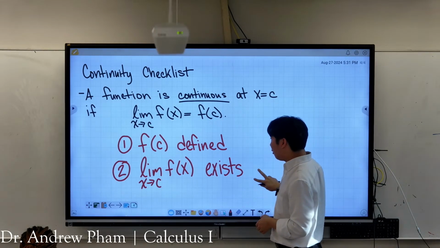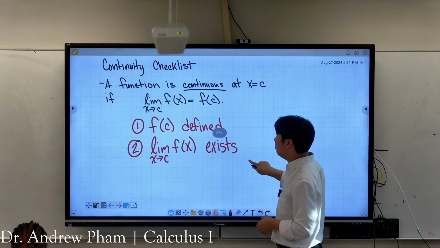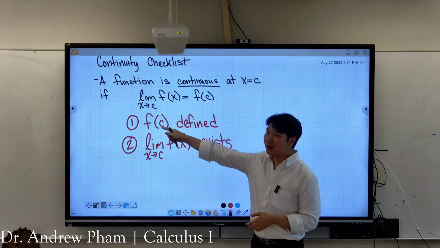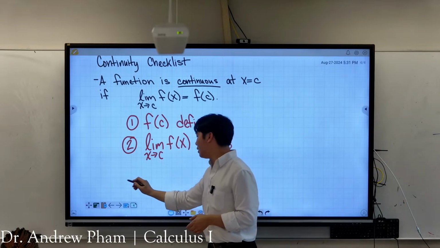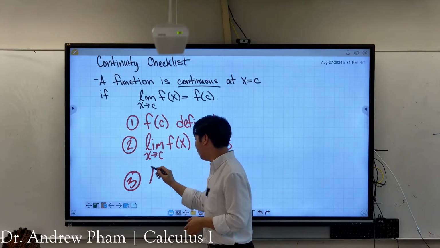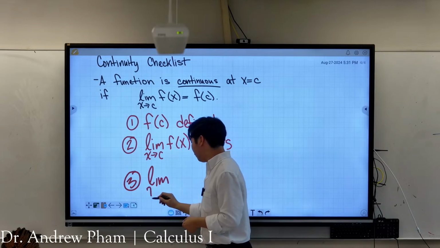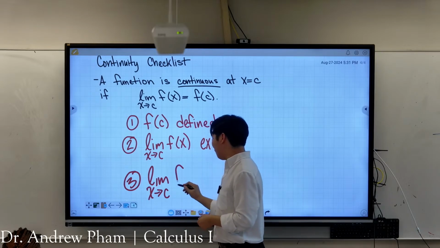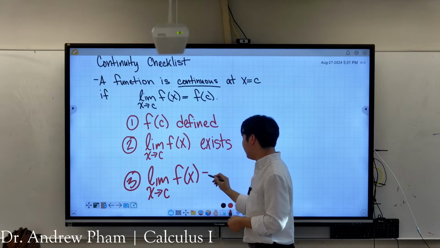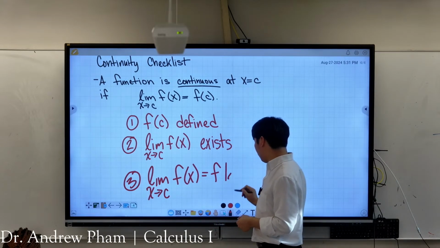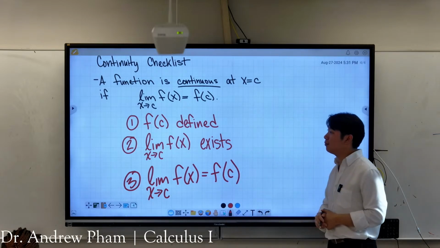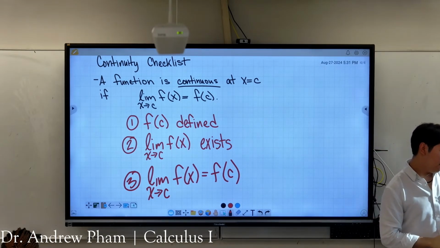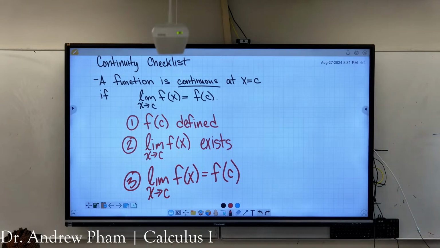And then usually the third condition we'll check is, are they equal? We want to make sure f of c is a number, and the limit is a number. The third condition is making sure they're the same number. That is, the limit is equal to f of c. So these are the steps we usually take, our three-step plan to check if something is continuous at a point.